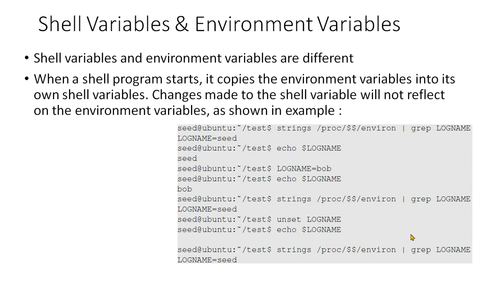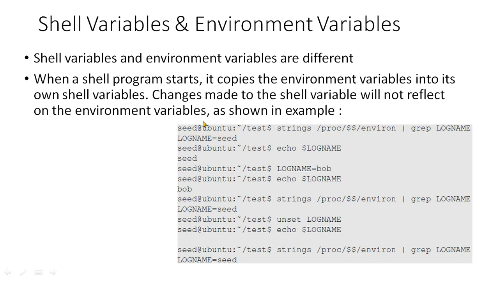So this example shows the difference between environment variables and shell variables. We are in a bash shell, and we run `strings /proc/$$/environ`. This will display all environment variables of the current shell.